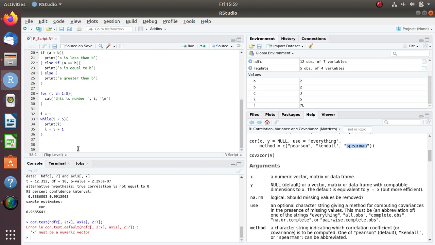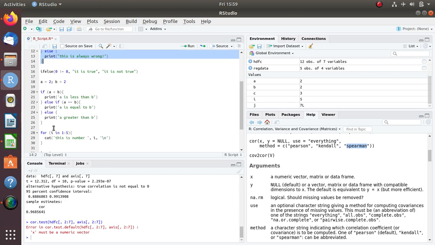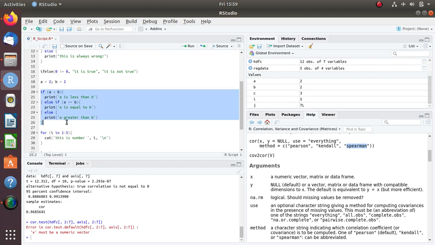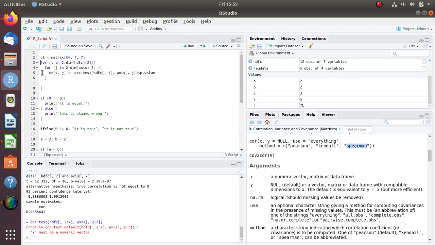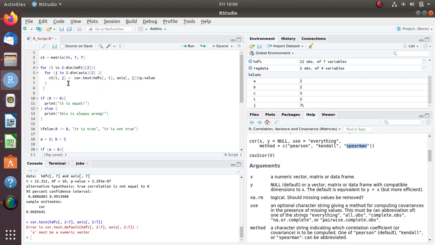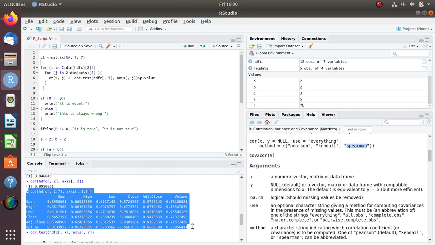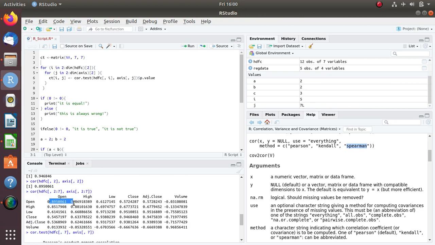I'm just going to make use of nested loops. That is just like the nested if condition, which I explained in my previous video demonstrations. Here we have the multivariate correlation coefficients, but we need to figure out the p-values.